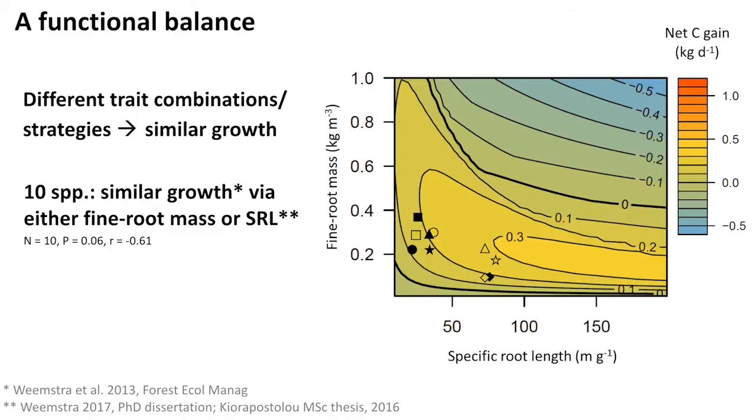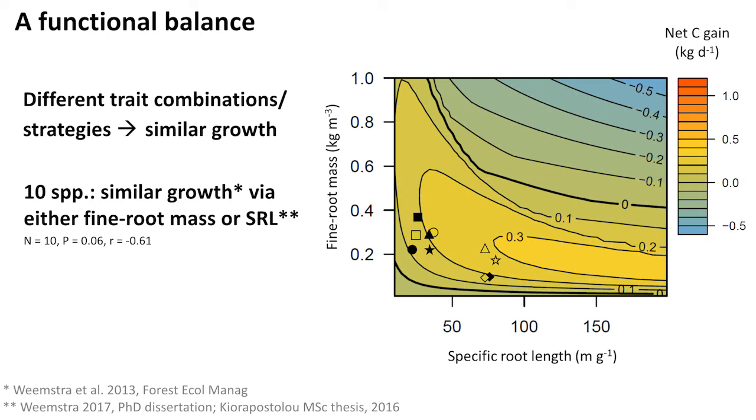And our empirical data seem to point in the same direction. In an earlier study, I measured tree growth on 10 different tree species in a common garden forest soil experiment, and I found that 9 out of 10 species grew equally fast.